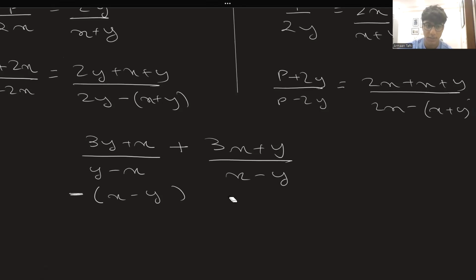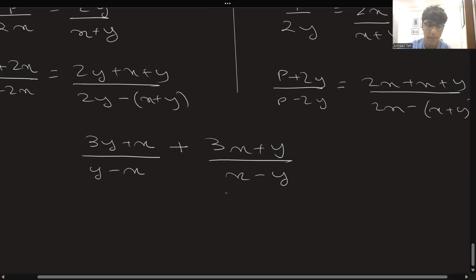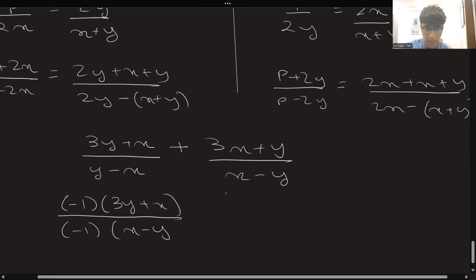right? So isn't it just much faster to multiply the top part by minus 1 and the bottom part by minus 1? You get minus 1 times 3y plus x by minus 1 times x minus y. Am I right?